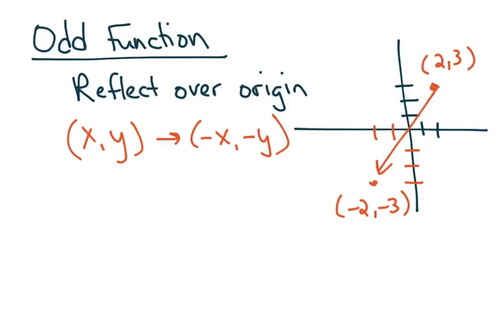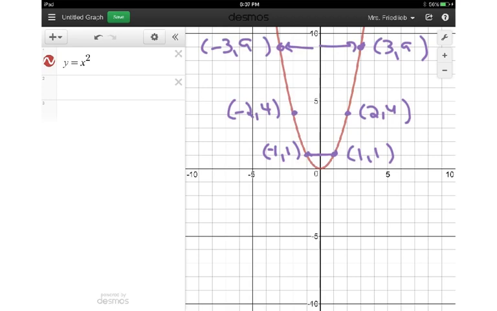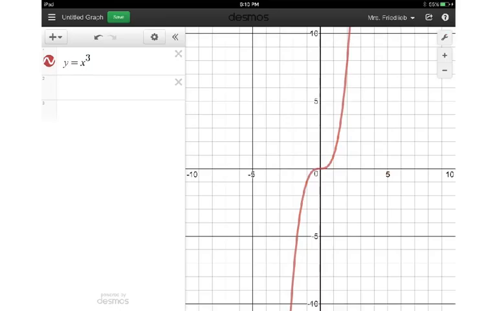Now, I want you to notice that the even function had an even power, and the odd function has an odd power. There are rules for longer equations, and we'll talk about that another time, but for right now, with this odd function, I want you to notice that 1, 1 is on the graph.